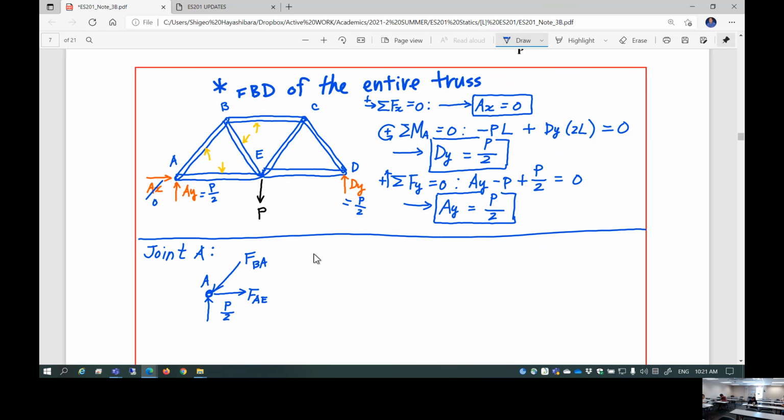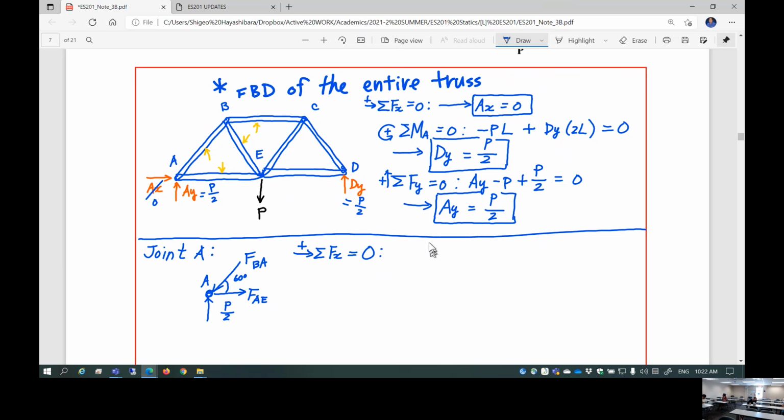Okay, so by doing, I don't like this, but anyways, summation of the force in X direction, let's set this as a positive direction, set equal to 0. Do we know the angle here? What's this angle? 60 degrees, because it's a right triangle.